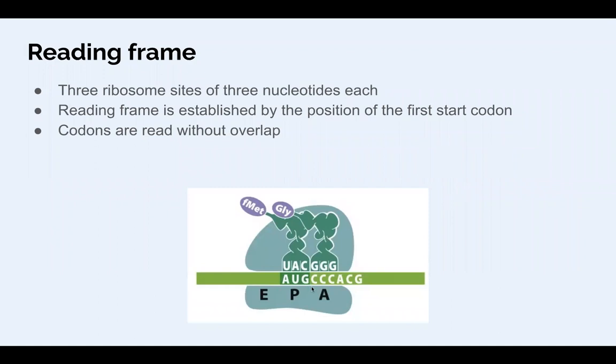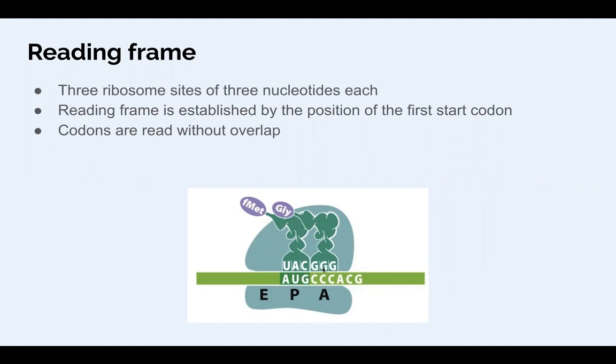So whatever 3 letters follow the first codon, those become a codon. You'll notice there's not really a natural break between any of these letters. C, C, C, A, C, G, they're just letters. But knowing that they should be read 3 at a time, that's the job of the ribosome. So the ribosome has these positions in it that hold the mRNA molecule in a place where it can be interpreted and joined to the corresponding tRNA.